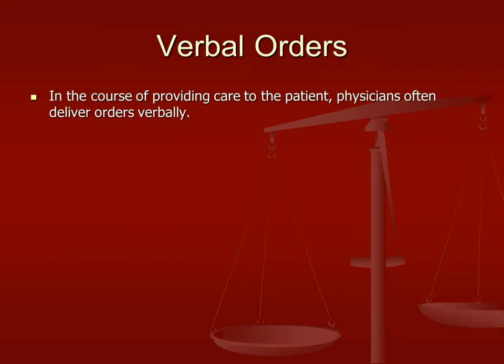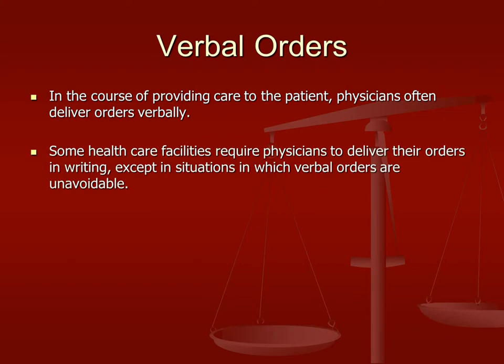In regard to verbal orders, we talked about verbal orders and telephone orders, those types of things in 151. This is a common practice: the physician gives orders verbally, and then whoever is deemed responsible for taking those orders will transcribe them or write them out for the physician in the record.